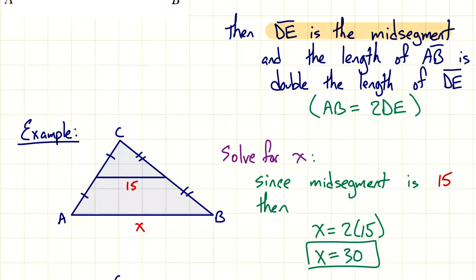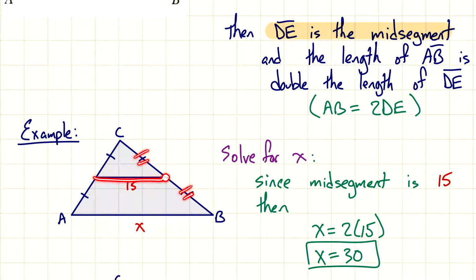We have actually seen this problem before in an earlier chapter, but we solved it a different way, and I'm going to show you that method right after this one. But since this is the midsegment, and I know this is a midsegment because we just finished talking about it, these segments are the same, right? So that must be in the middle. And these two are the same, so this must be in the middle.